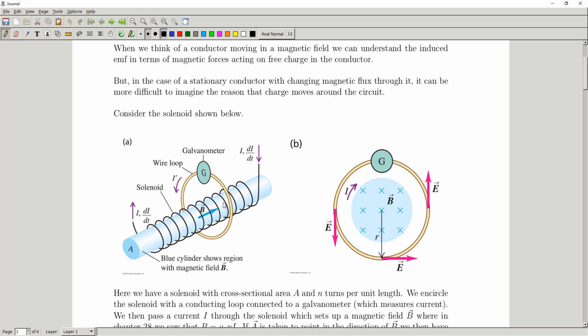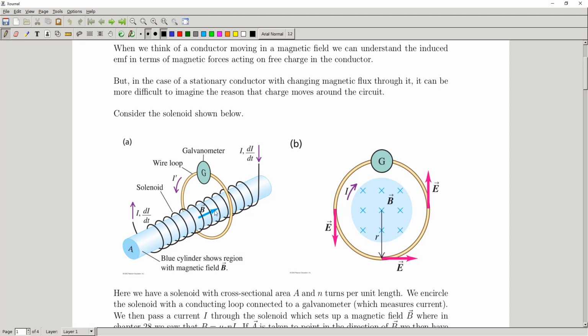And then if we set up a wire loop that goes around the solenoid, we're going to end up getting an induced EMF in this wire loop. There are a few ways we can get at the direction of the current in this wire loop. One way to think about it right away is to use Lenz's law.